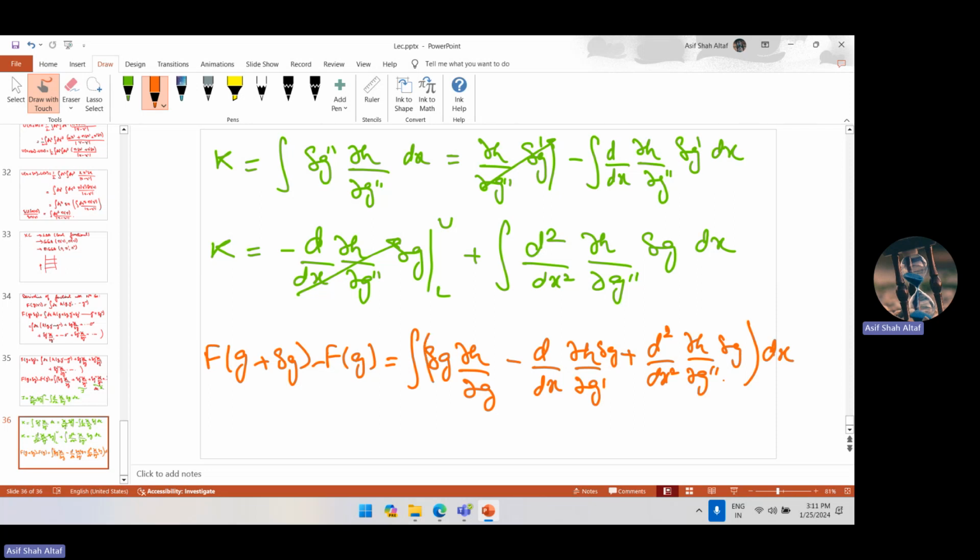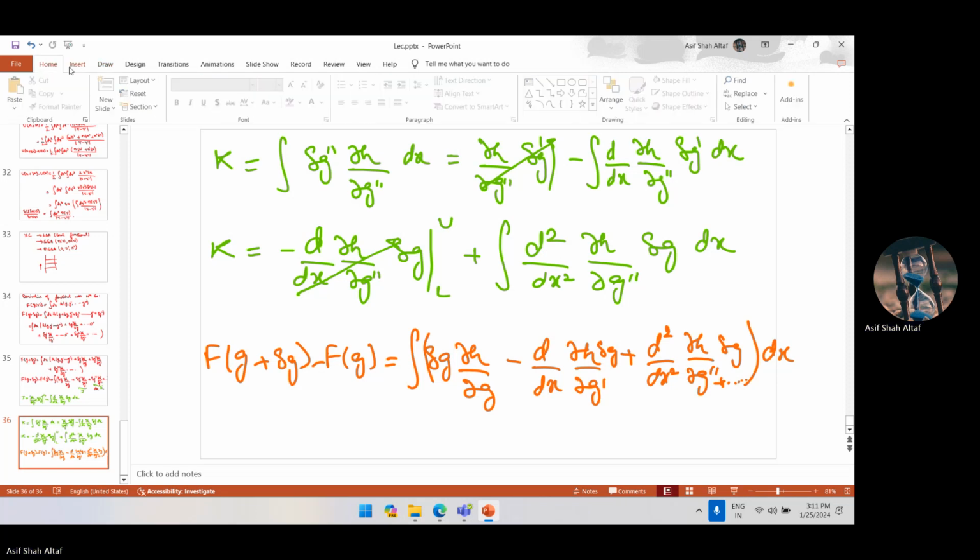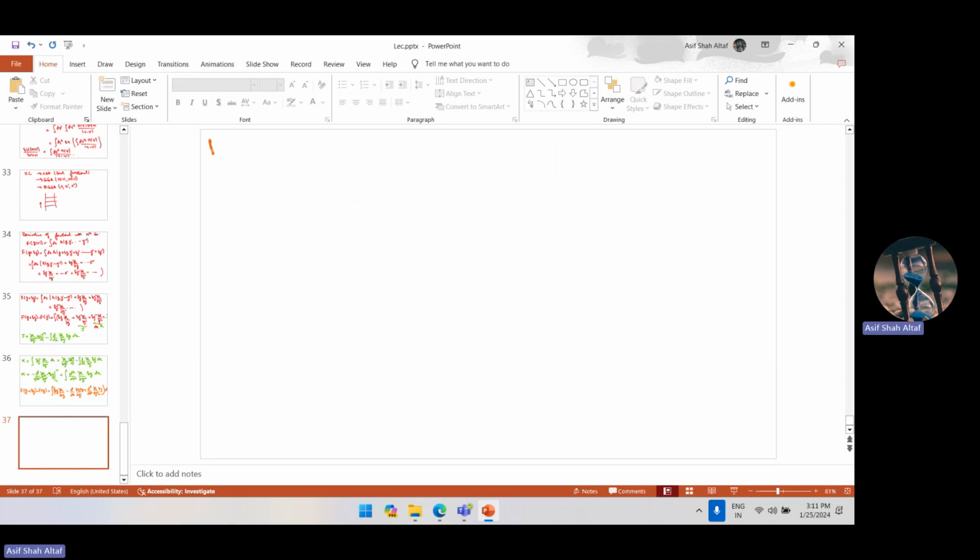And then of course you have here other terms, not the higher order terms, but other ones like d cube and d4. So if you take out delta g, then what you will have is something like this.